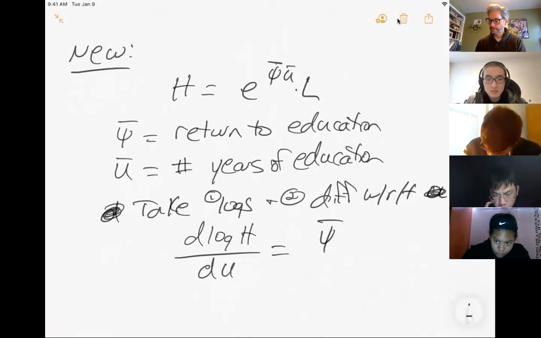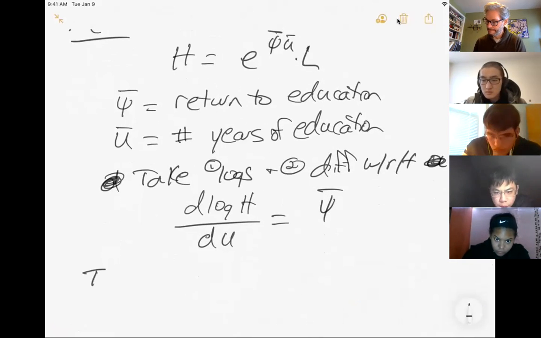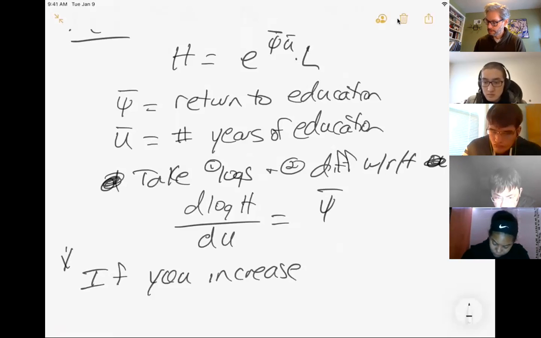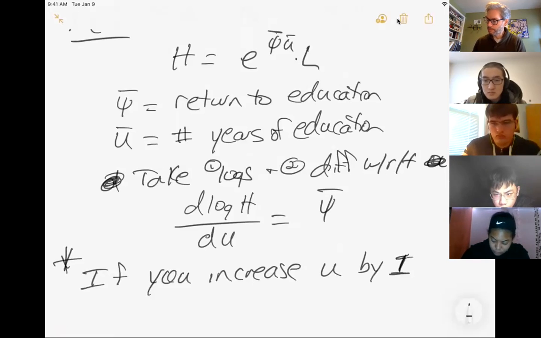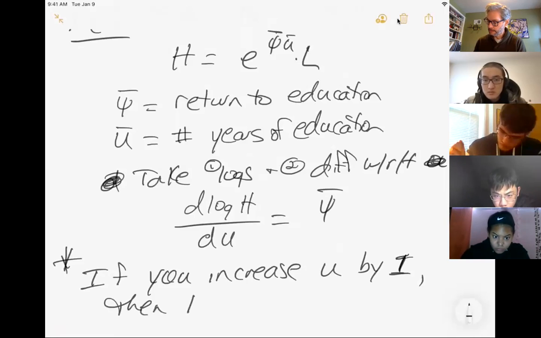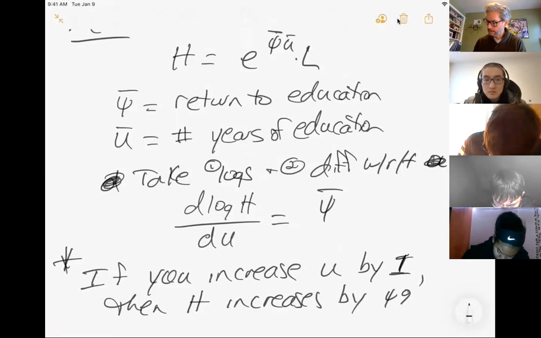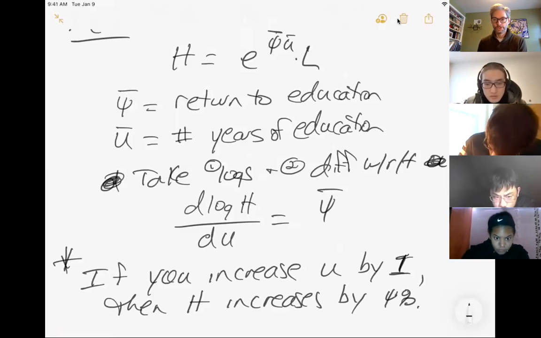In other words, to put this into words, if you increase U by 1, then H increases by psi percent. So one year spent on education increases human capital by psi percent. That's the way you can interpret this.